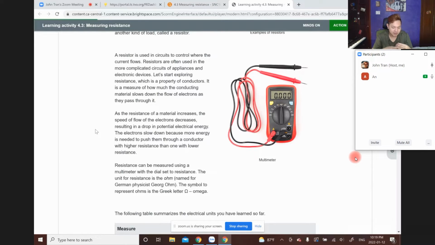The flow of electrons doesn't get through easily because the material resists the flow, isn't it? So that's why it needs more energy to push forward through a conductor with higher resistance than one with lower resistance. So the same situation, right? You understand my logic here? Yeah. Okay, it's like that.